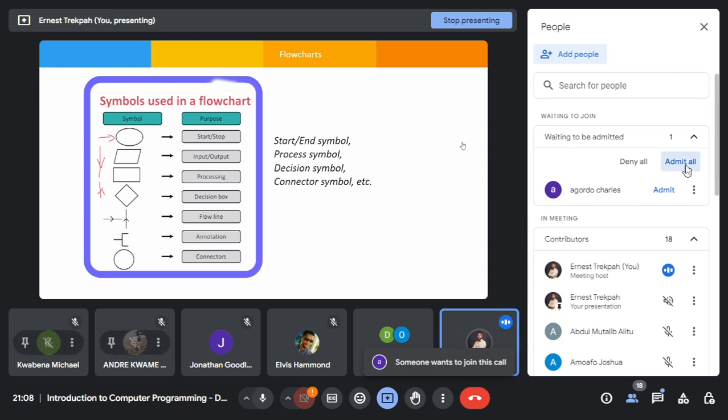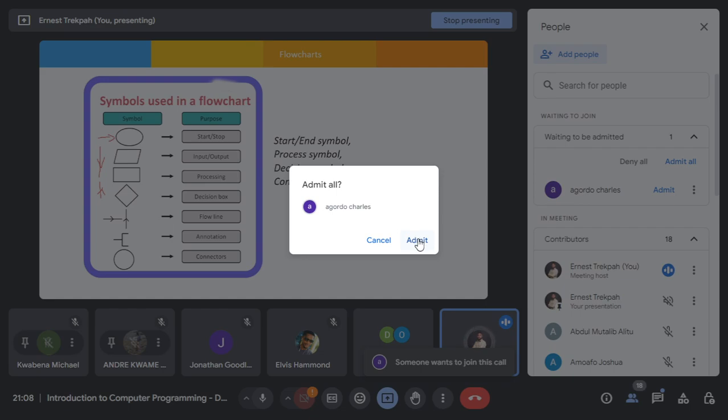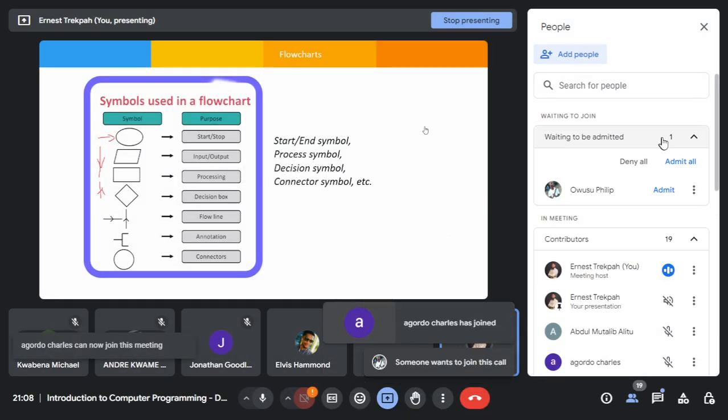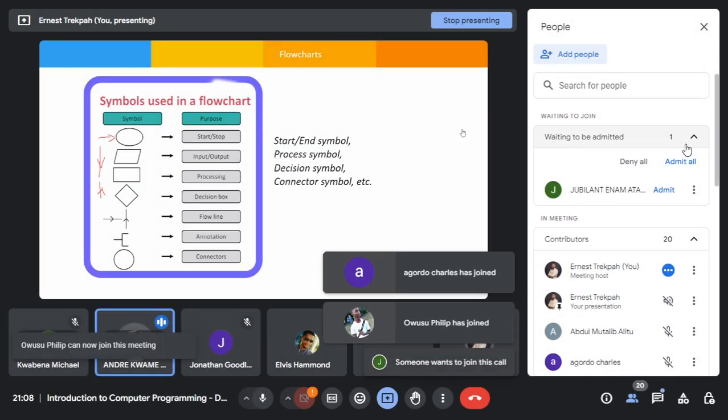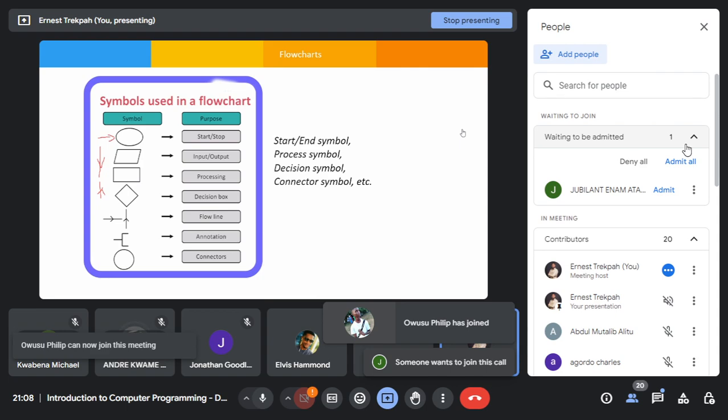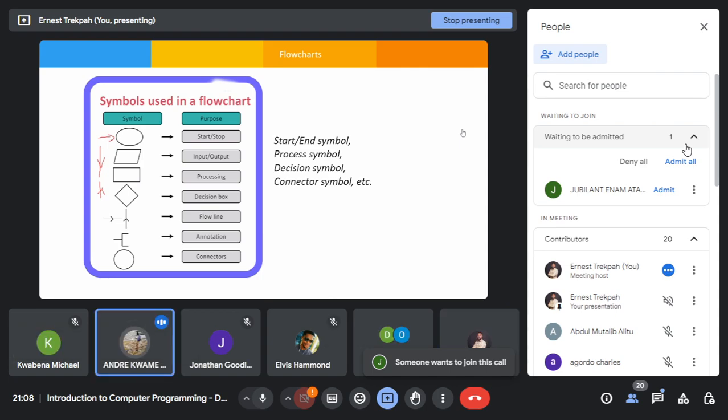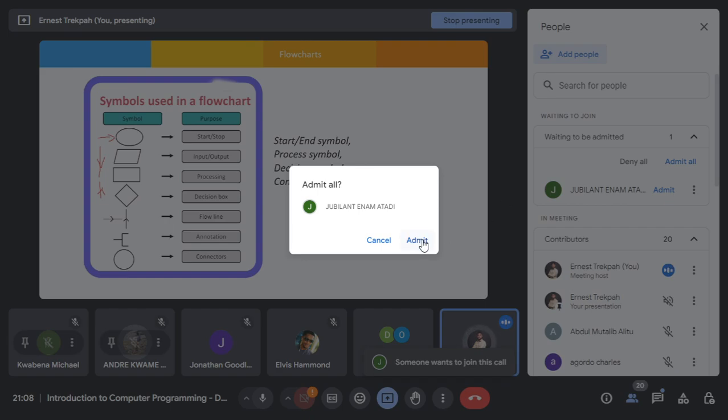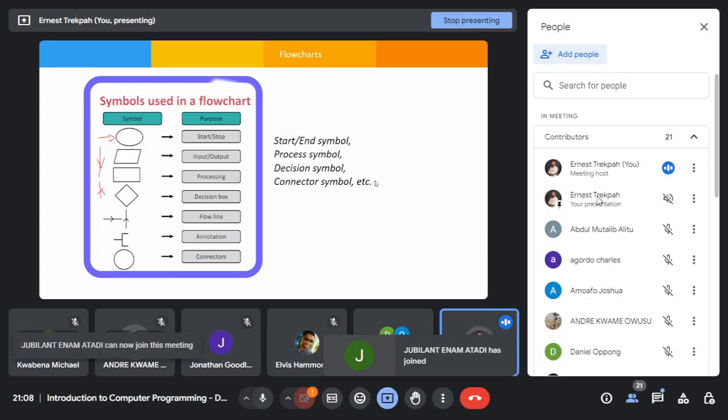Someone wants to join. Why is this thing not automatic? Because I can't be coming back to be adding people. There's a setting for that before you start the class. Yes, please. Oh, okay. Then I'll check that later. I've not really implemented that before, so I will check on that because I can't be coming back adding people.